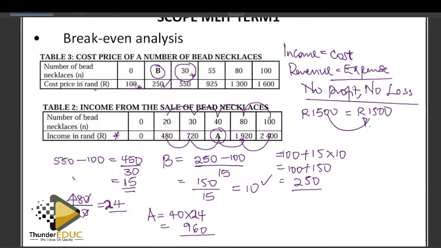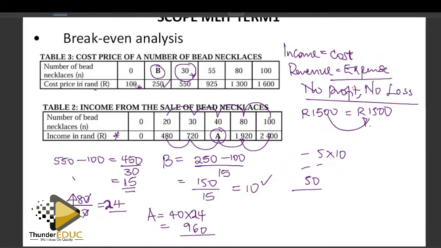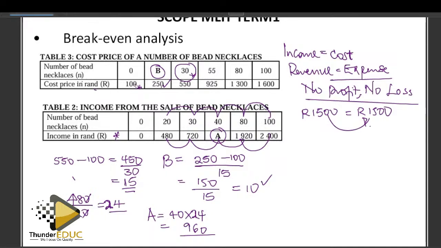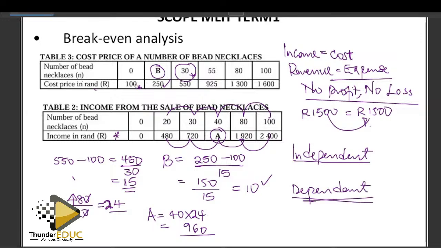We have the independent variable and the dependent variable. The independent variable is what will produce the dependent. The dependent variable depends on something.